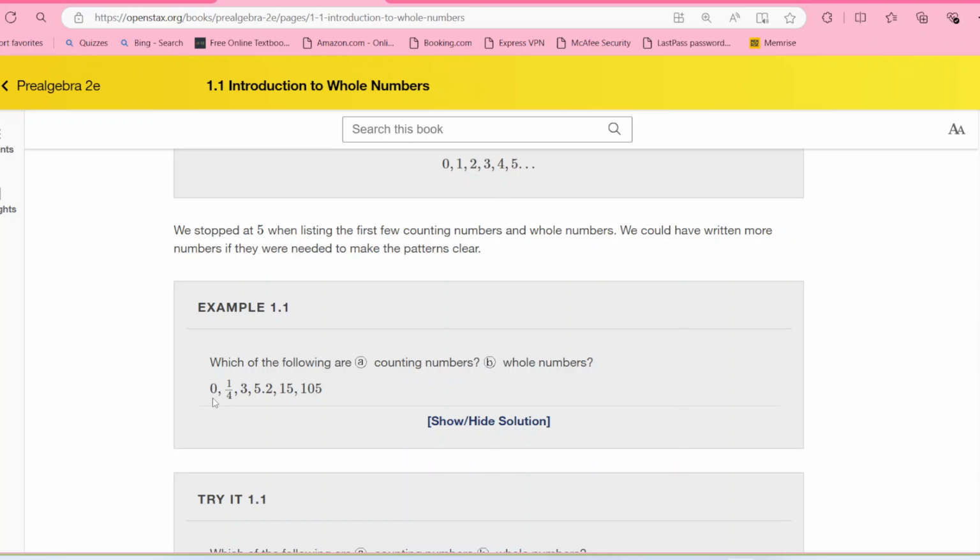So you have the numbers 0, 1/4, which is 1 divided by 4, a fraction, then the number 3, then a decimal, 5.2, that's 5 and 2/10, as we'll see later when we talk about place value, then 15, then 105. All right, so before I go to the answer, before I show the solution, let's go to some paper.